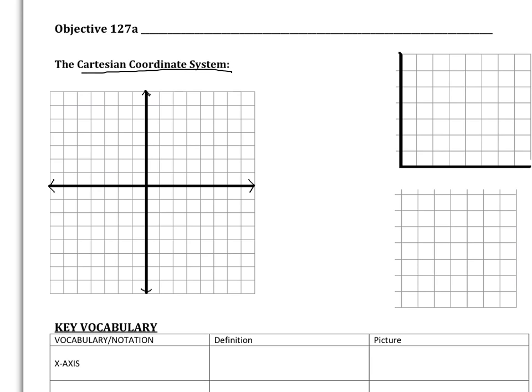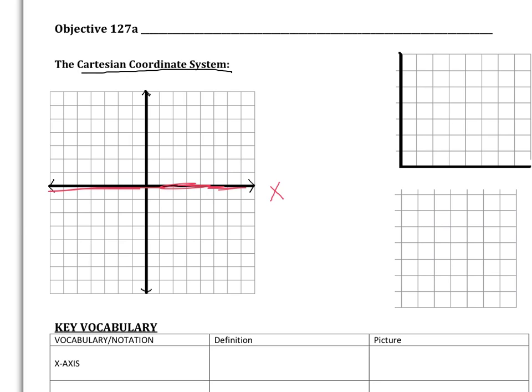So the first thing I want to do is label the graph itself, and then we'll fill in the vocabulary words. So looking at this graph, the first thing we want to label is the axes. Okay, the axes are the things that run left and right and up and down. This first axis, the one I'm coloring in red, that's the x-axis.